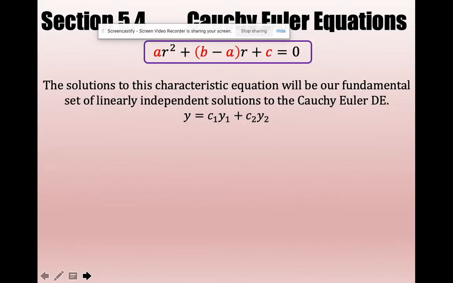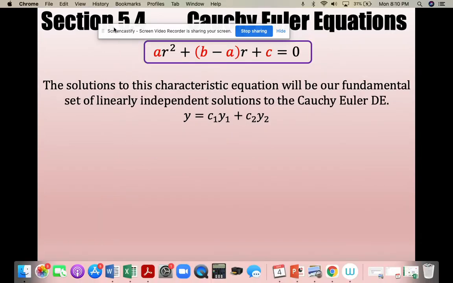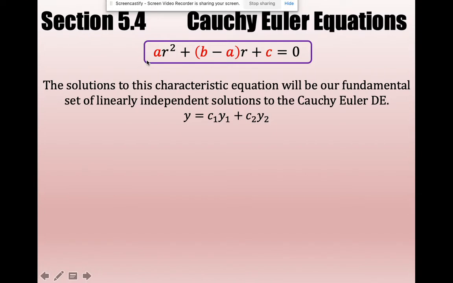So you want to memorize this. The solution to this characteristic equation will give us our set of linearly independent solutions that will look like this.